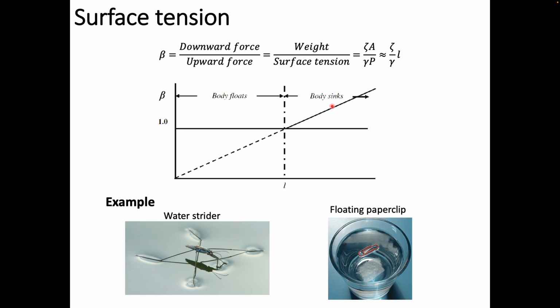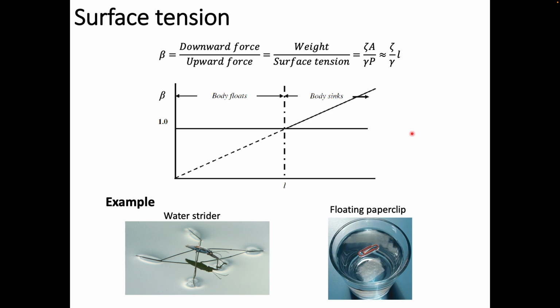So if beta is less than 1, what does it mean? Basically upward force is larger than downward force, right? Are you guys following here? Yeah. So what that means is that obviously the body floats, and if beta is larger than 1, basically downward force is larger than upward force. So what that means is the body sinks, right? It's just a simple expression here.